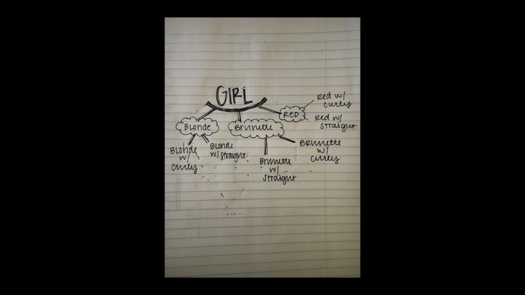Whether the girls are blonde, brunette, or red, all three of these groups fall under the category of girl, right? They're all girls. But some have blonde hair, some have brunette hair, some have red hair. So these are now more specific identifications of girls.